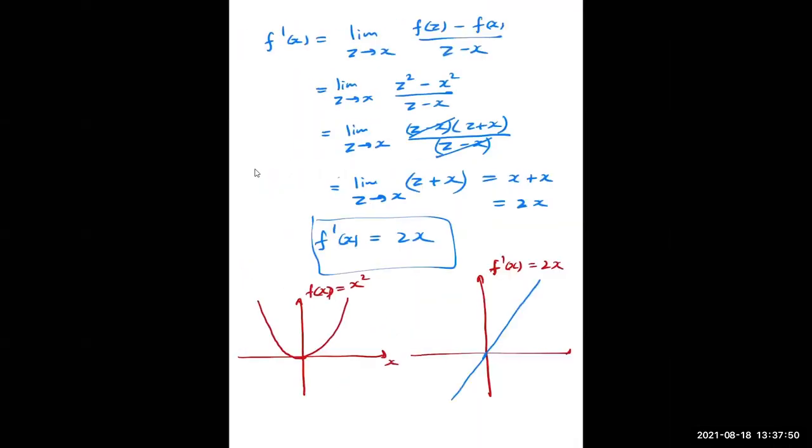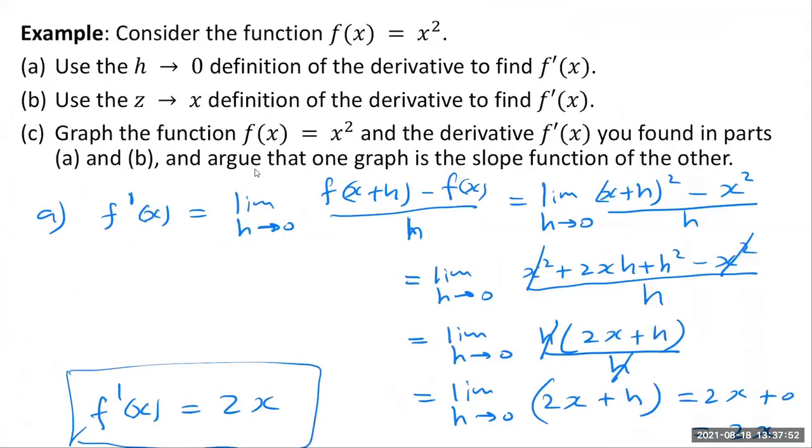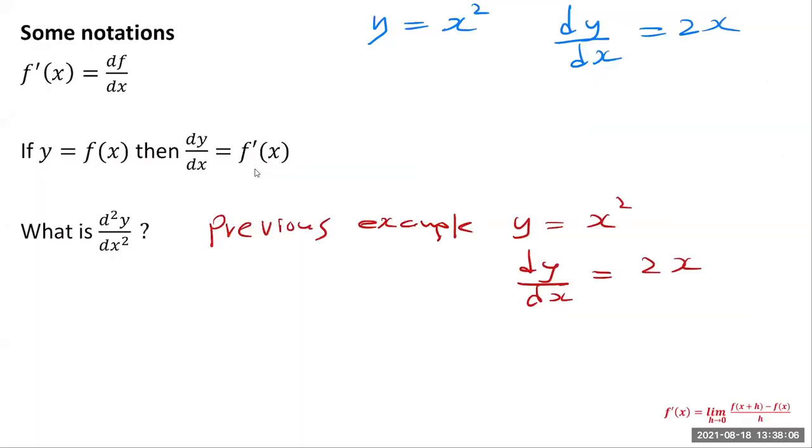I just found it. As you can see, f prime of x is equal to 2x. If my function was given as y is equal to x squared, then the derivative of that function is dy over dx, which is 2x. Then what do we mean by d squared y over dx squared?